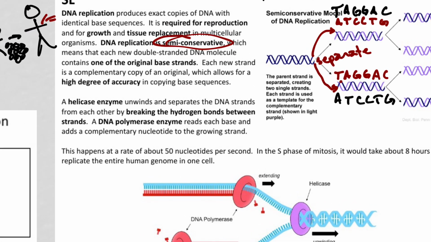So each new strand is a complementary copy of an original, which allows for a high degree of accuracy in copying base sequences. So because of this complementary base pair rule, where A always pairs with T and G always pairs with C, you're able to keep the original sequences there.